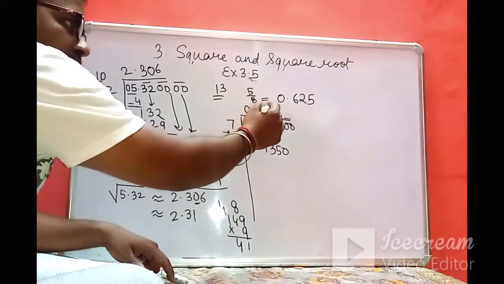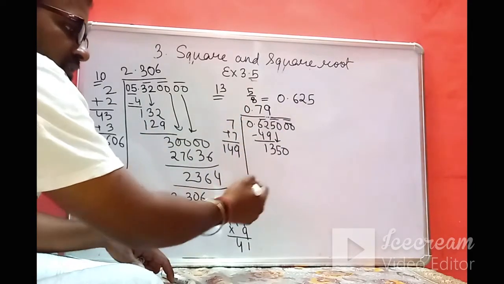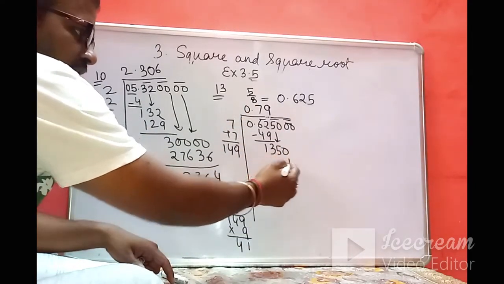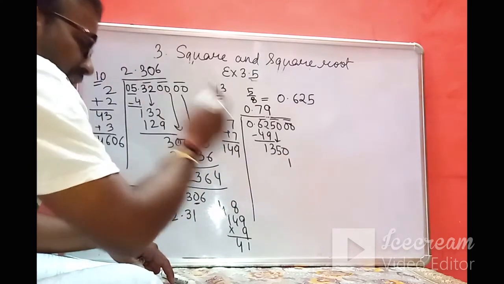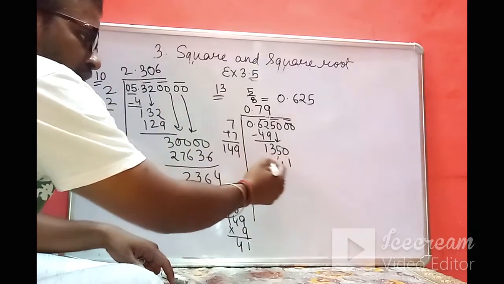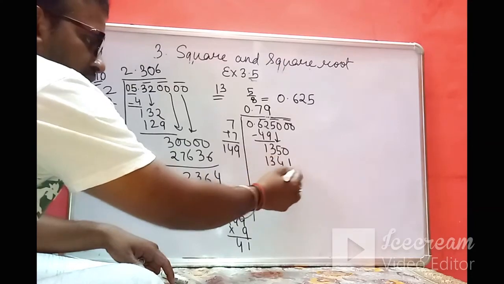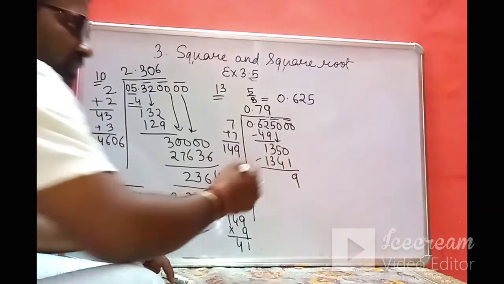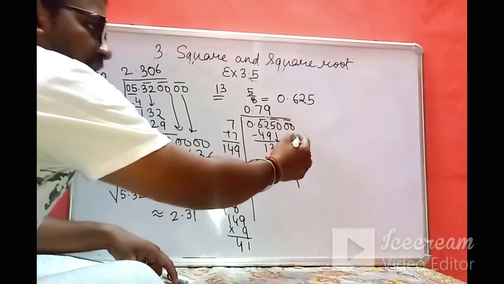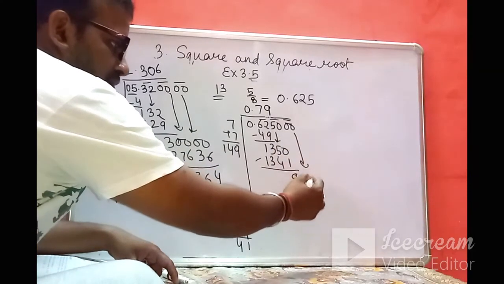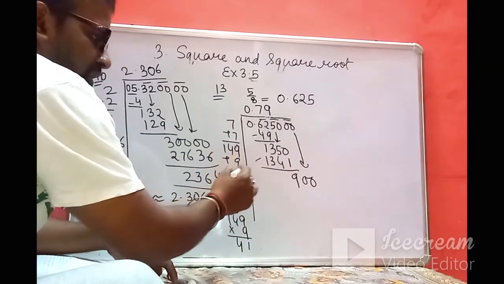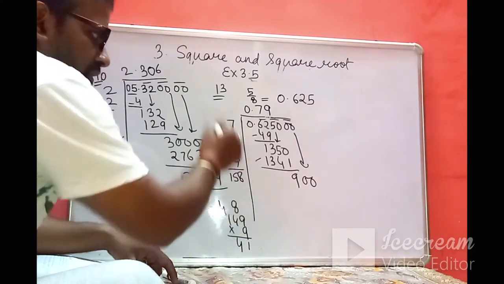So 9 means 9, then it is 81, 8, 9 for the 36 and 8, 44, 9 and 4, 13. So when I subtract, I will get 9 here. Then I will bring the 0 and this 9 will come here, 158.